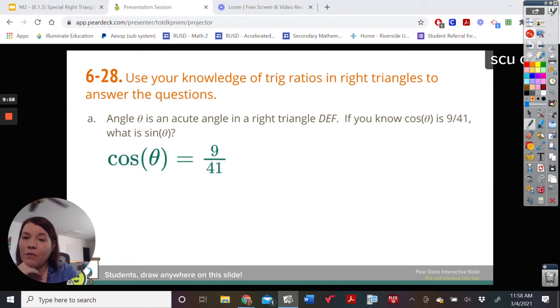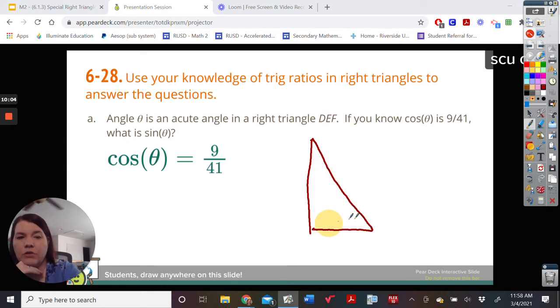So, wait, no, I was right the first time. Cosine is adjacent over hypotenuse. So 9 over 41. Adjacent over hypotenuse.